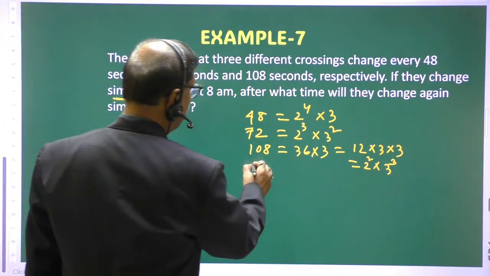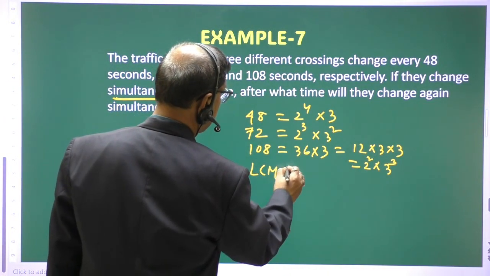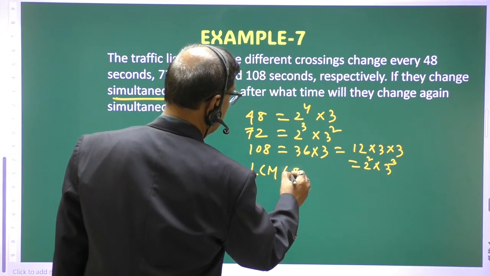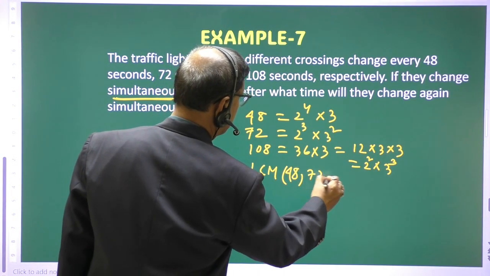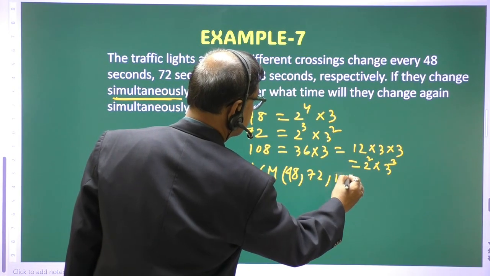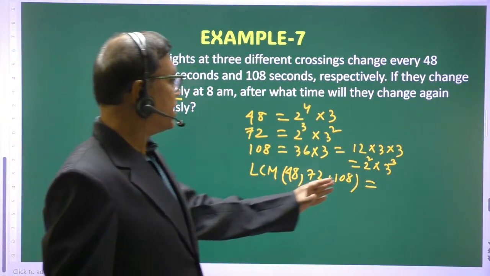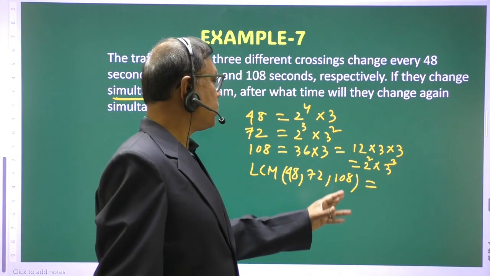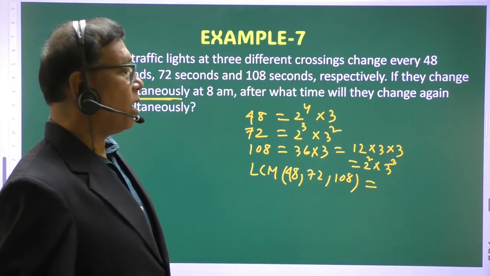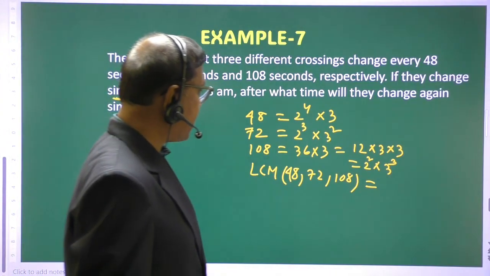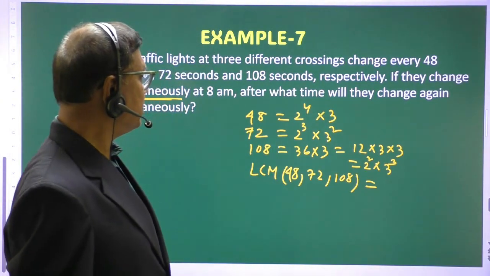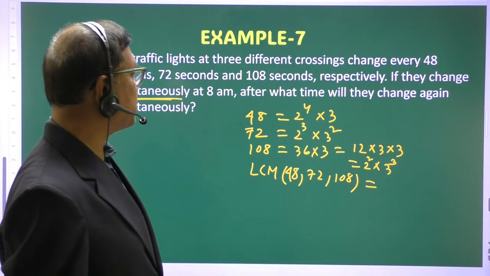So what is the LCM value of these three numbers? Today we have learned that to find the LCM, we have to take the prime factors involved in the numbers with the highest power.